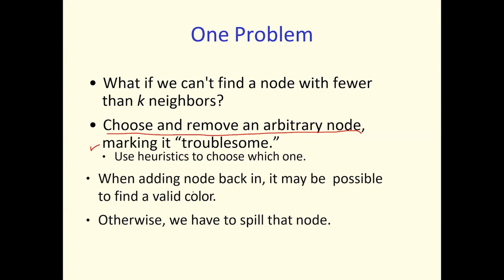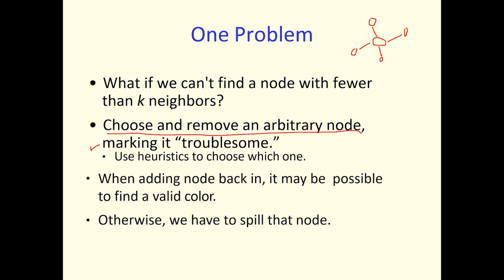Why will that happen? It could happen that there is a node which has 4 neighbors, but you are lucky enough that all 4 neighbors got the same color, or they could be colored in 3 colors. So just because you could not find a node with fewer than k neighbors does not mean you cannot color it.